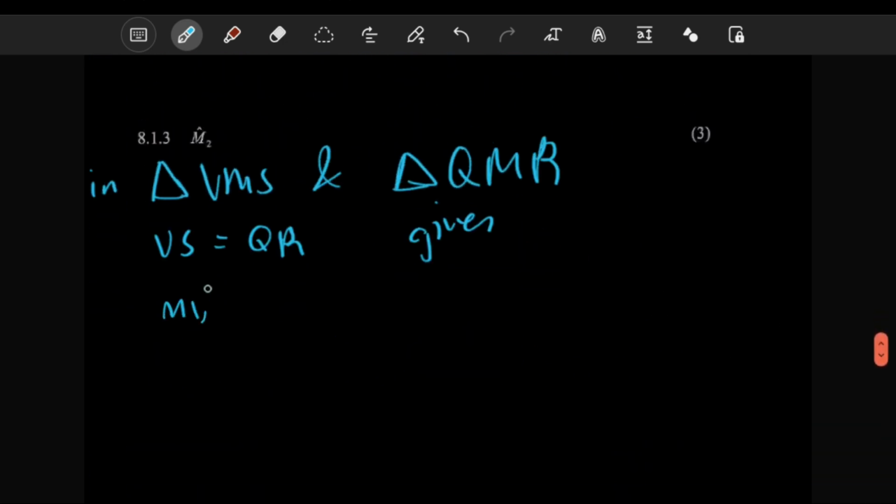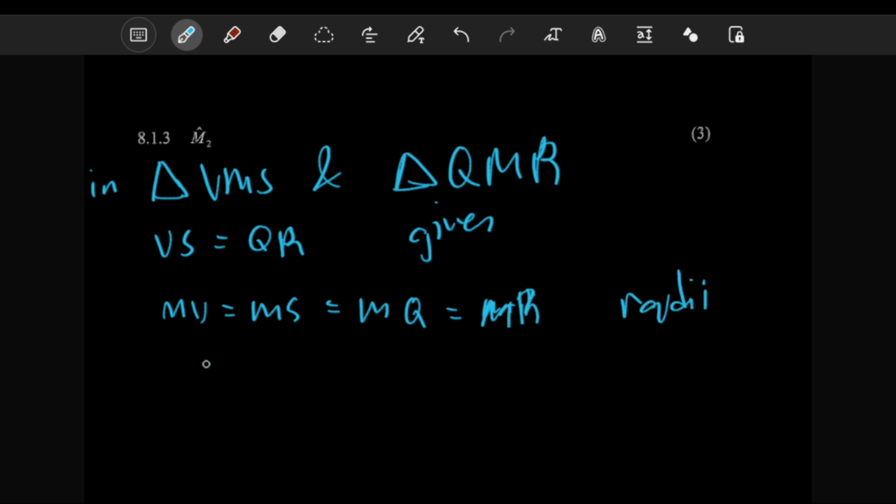You see, MV is equal to MS is equal to MQ is equal to MR. The reason is radii. They are all the radius of that circle over there. And therefore we can now say these are congruent. Therefore triangle VMS is congruent to triangle QMR. They are congruent, you see.